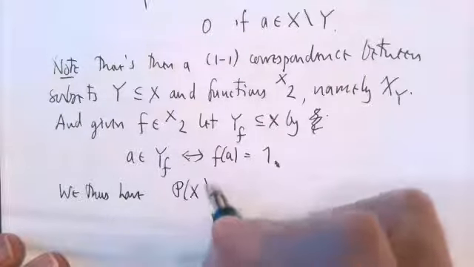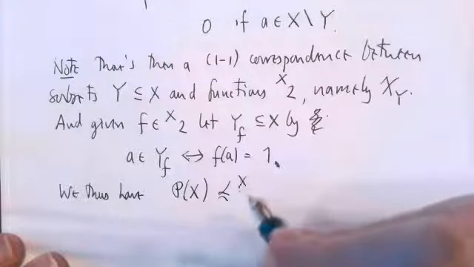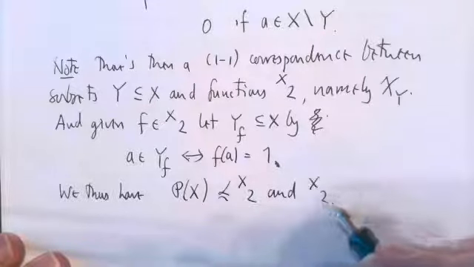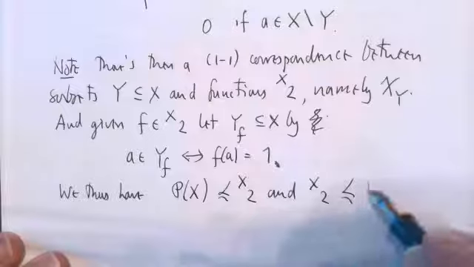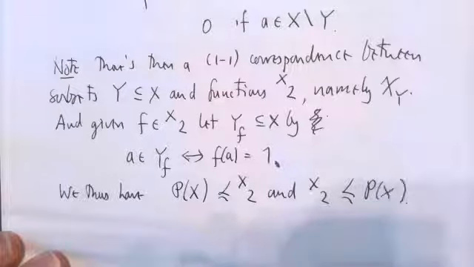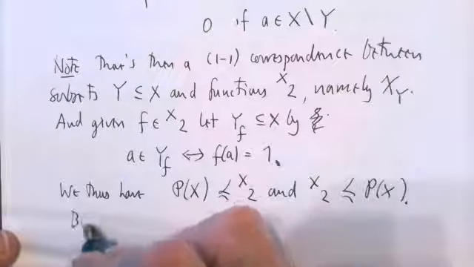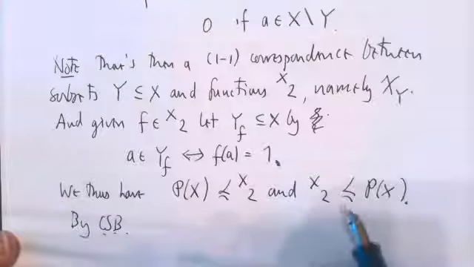So the power set of X is injective into functions from X into 2, and any function from X into 2 corresponds to an element in this power set. And then by Cantor-Schroeder-Bernstein, actually there is a bijection between them.